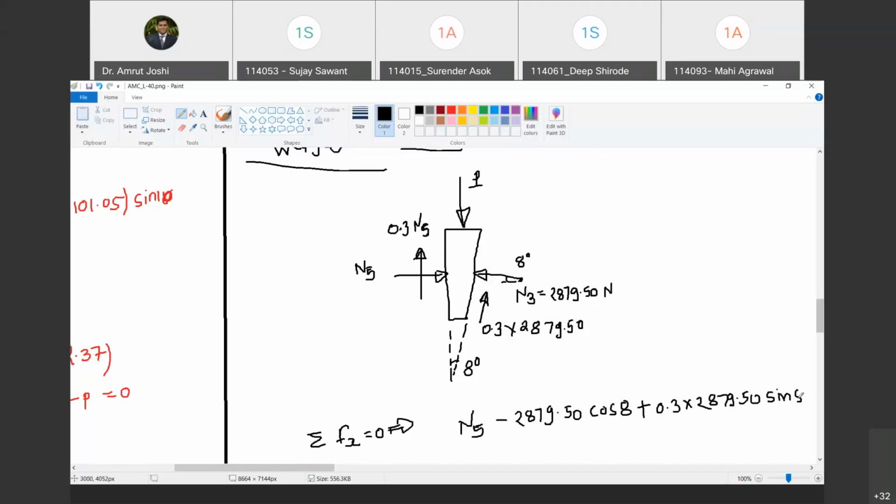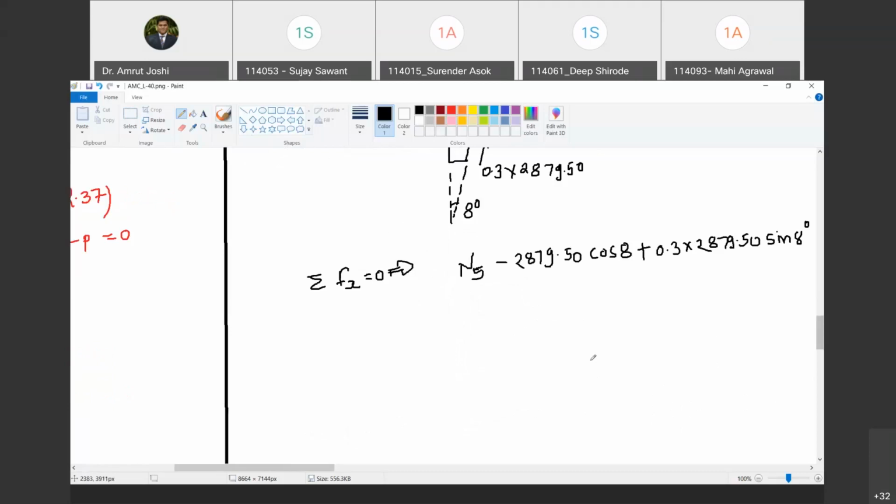Happy? Yes, sir. And that is positive because it is in the positive x direction. Is there any other force whose horizontal component prevails? No. So this has to be equal to 0. So solve this and tell me the value of N5. 2731.25.